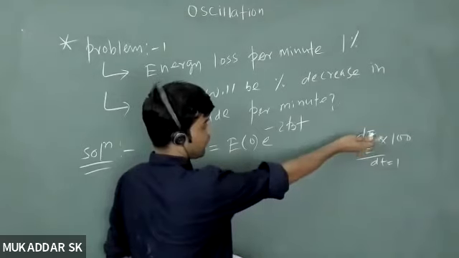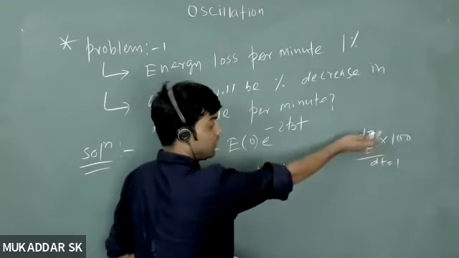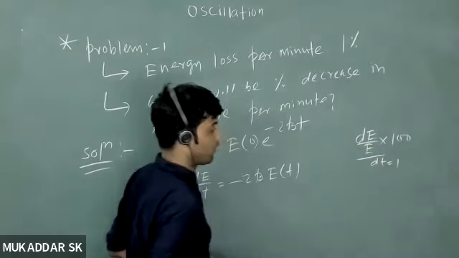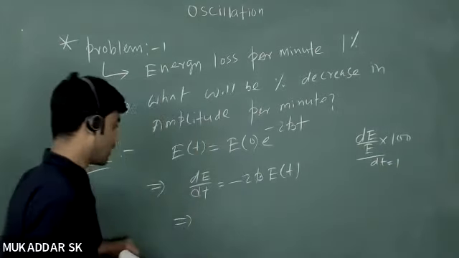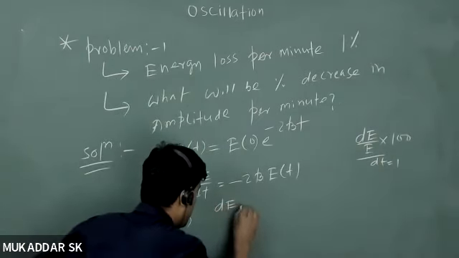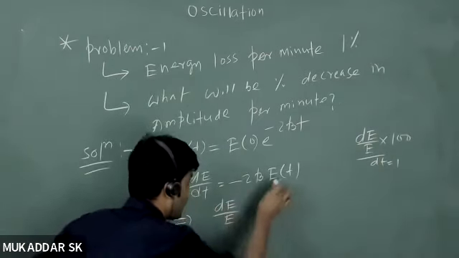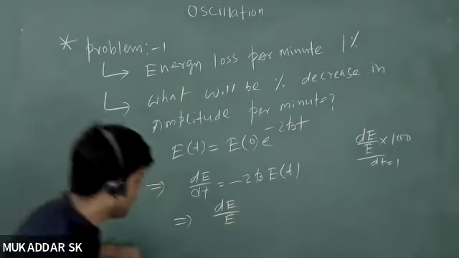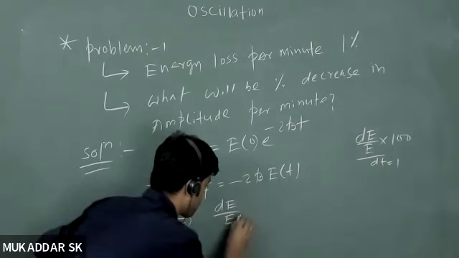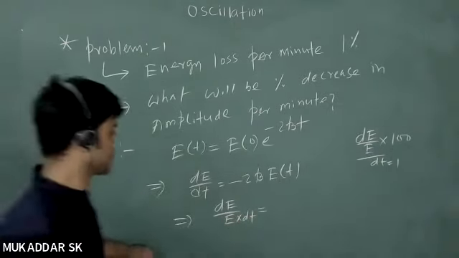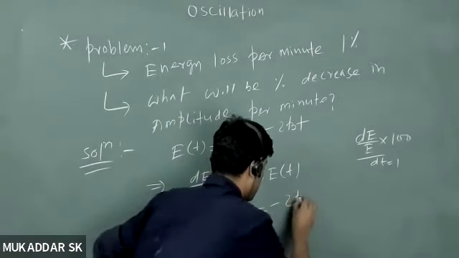This is the percentage of energy loss, dE by E, and per minute means dt you have to take 1. Rearranging, dE by E into dt is nothing but minus twice beta.